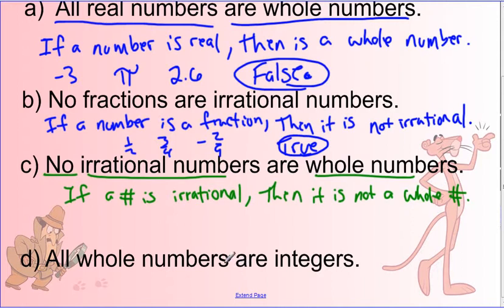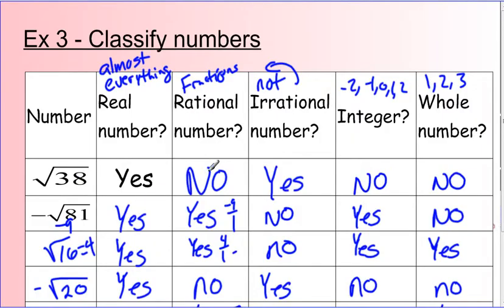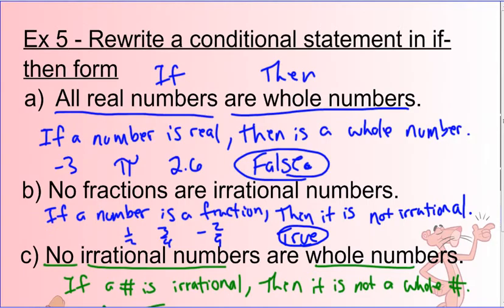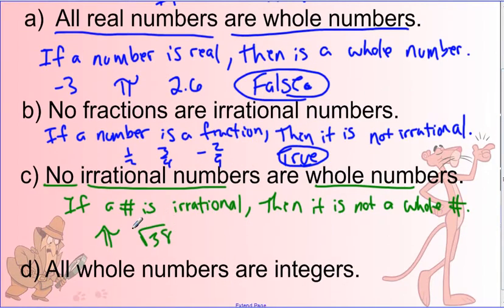Well, let's see. Can we come up with an irrational number like pi or square root of 38? Just a square root that doesn't work out to a nice pretty number? Because we said all those things were irrational, right? Hey, we even used that example. Nice. So, if a number is irrational, it is not a whole number.